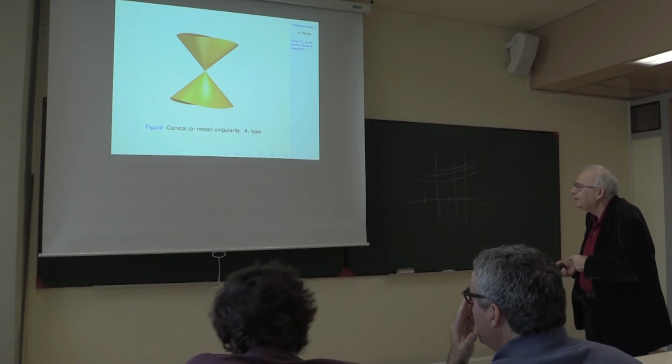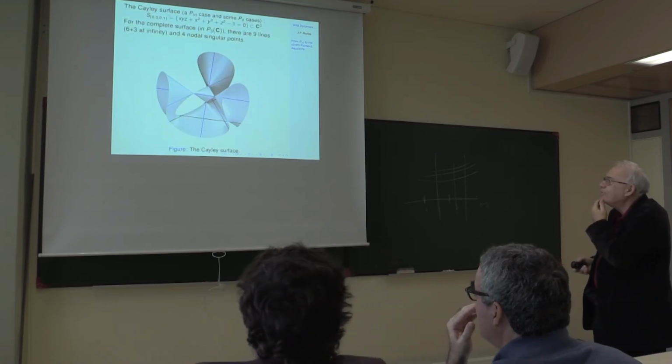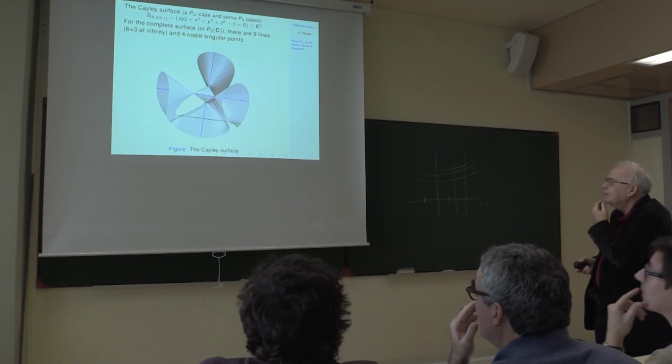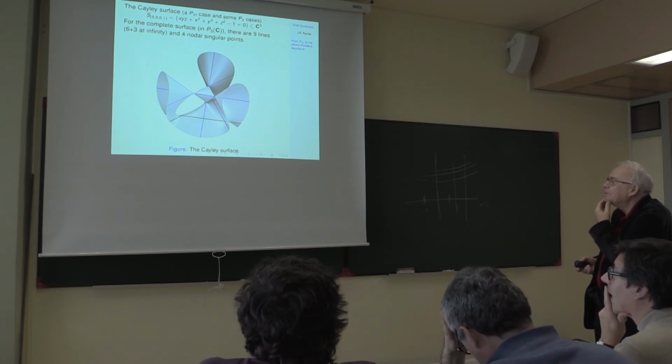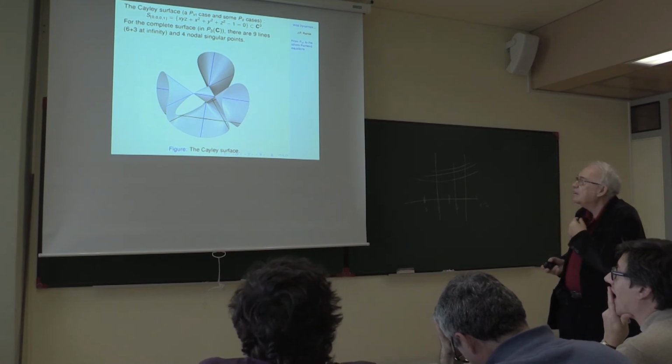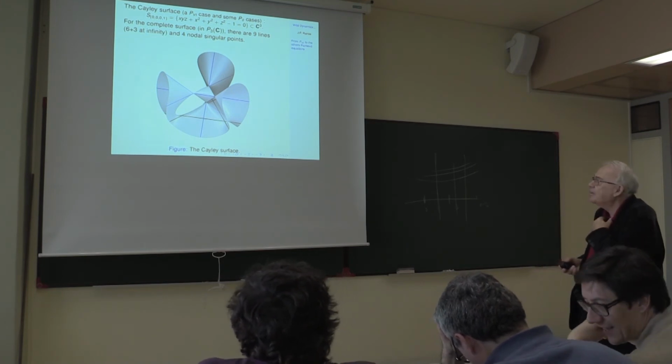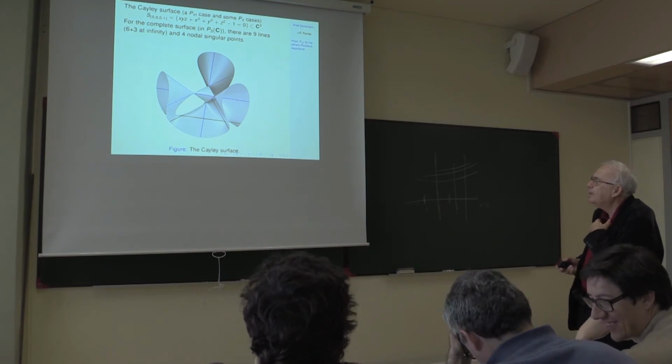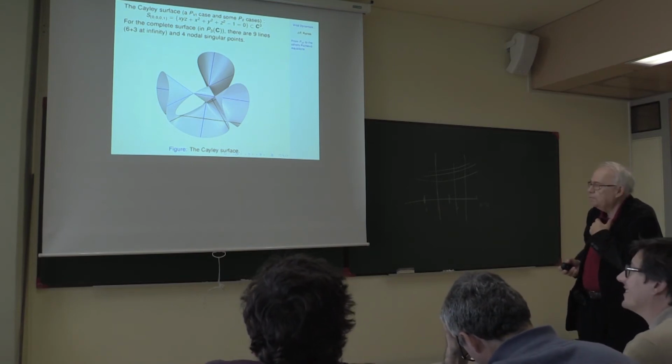Okay. So this is a picture of a non-smooth surface, and this surface appears from a particular case of P6, and also it occurs, as I explain afterwards, from some particular P2 case.